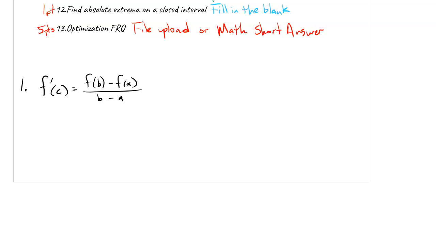What is the mean value theorem again? Yep, very good. Very good. Honestly, that's most of the explanation. Do you remember what the right-hand side stands for?